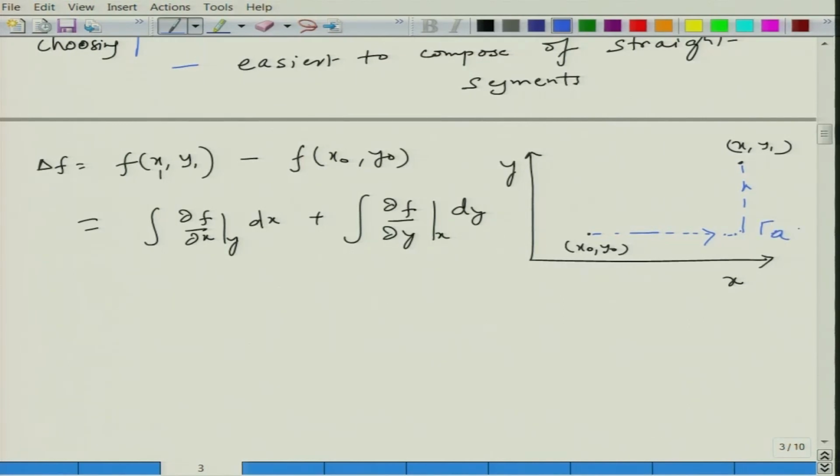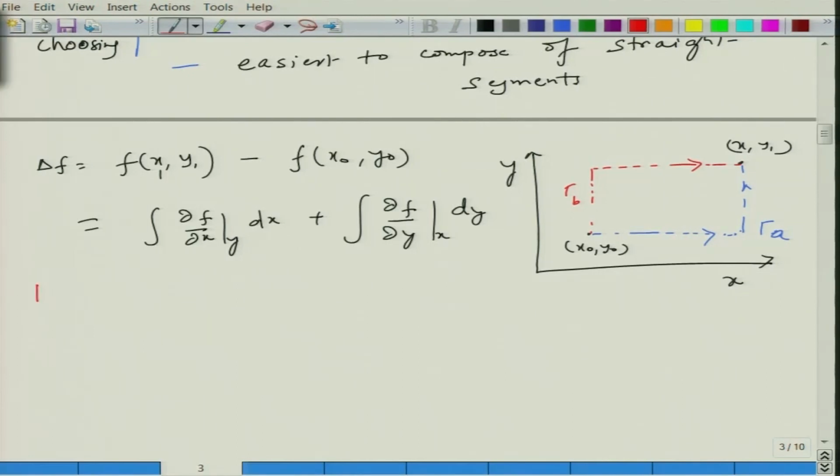Okay. The other possibility is that we keep x0 constant and we do this, okay, and then we take this path where we say this is gamma B. So, we go from here till y1 and then keep y1 constant and go along this path from x0 to x1. So, these are two different paths. Okay.